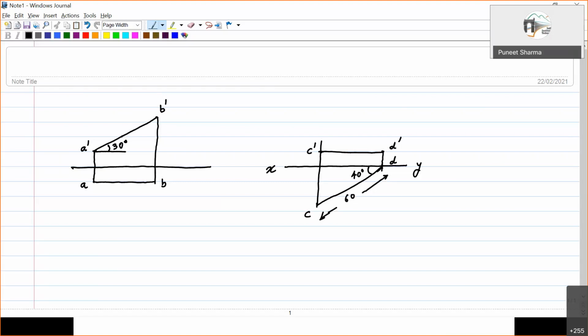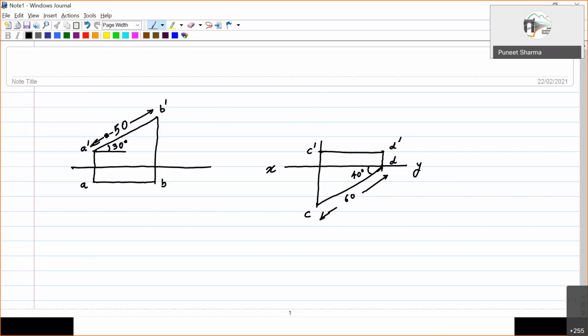Likewise, if we consider the previous problem, we could make use of the length 50 mm and the inclination 30 degrees because this was parallel to the vertical plane. Otherwise, the front view will not give us this inclination of 30 degrees and the length as 50 mm.